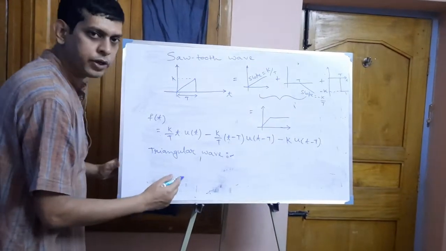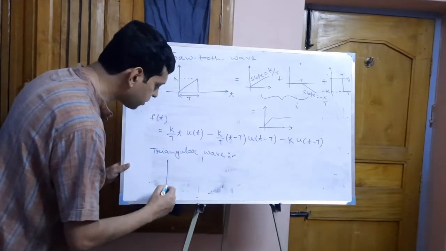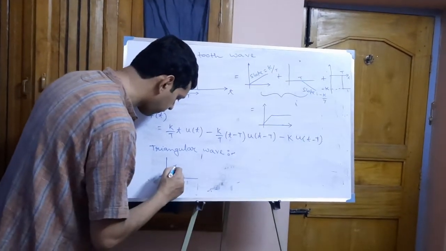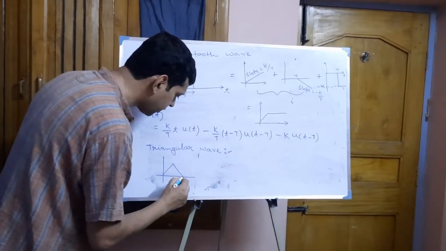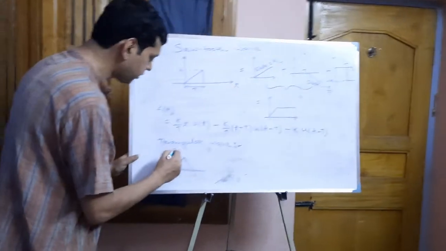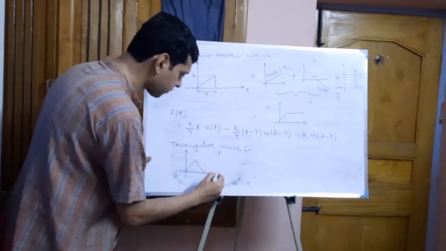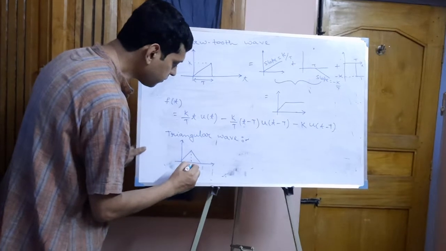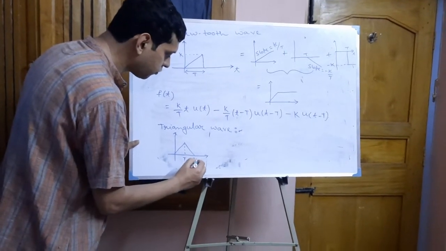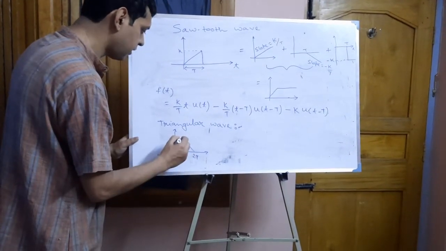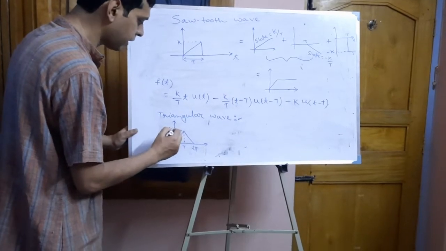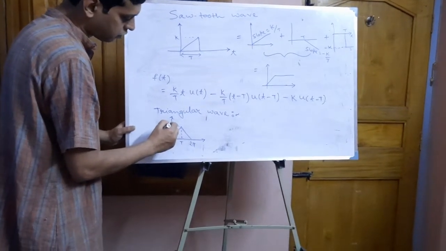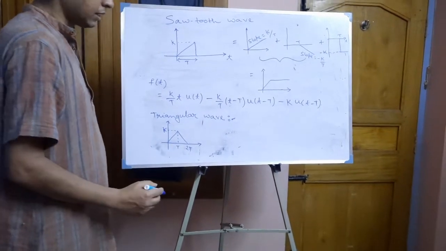The triangular wave or triangular function looks like this one. Okay, say this is equal to T, this is equal to 2T, and the magnitude, the maximum value or the amplitude is equal to k.